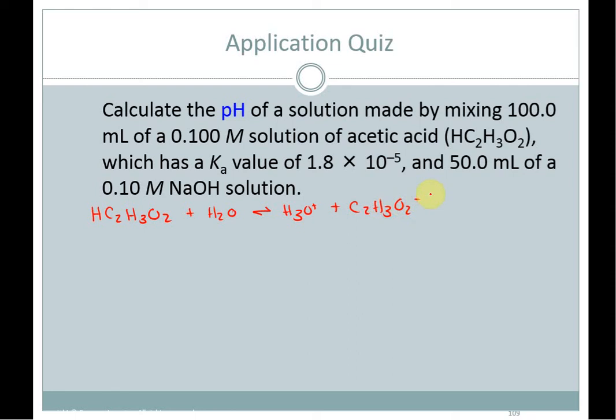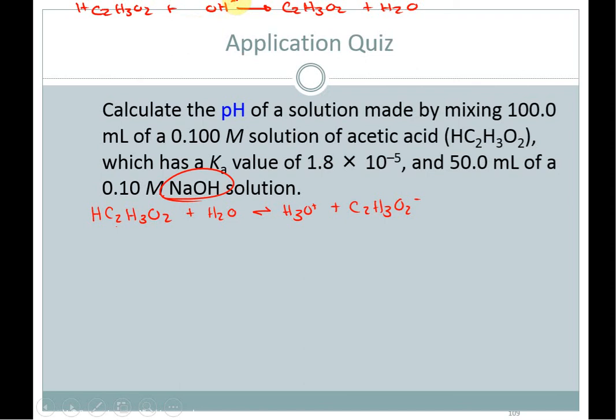But remember, if we add in a strong base, it is going to take away some of our acid, C2H3O2 plus NaOH. It's going to give acetate. We'll just leave off this and leave it as an ion.